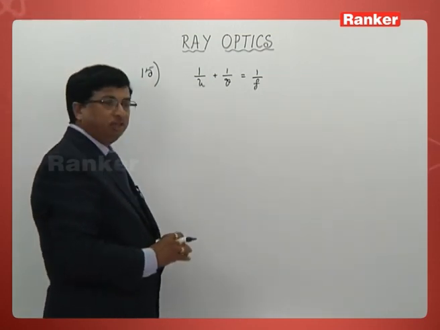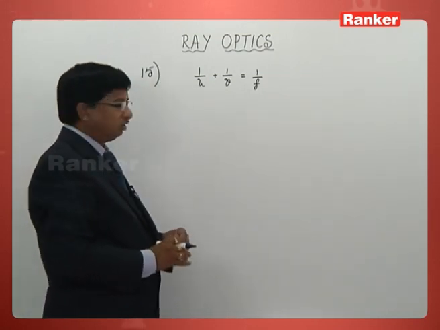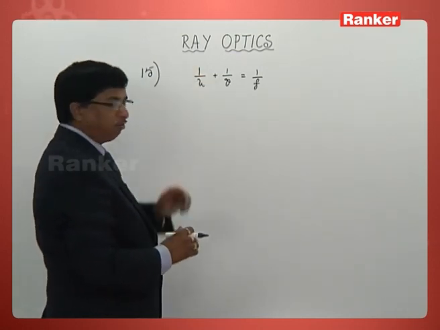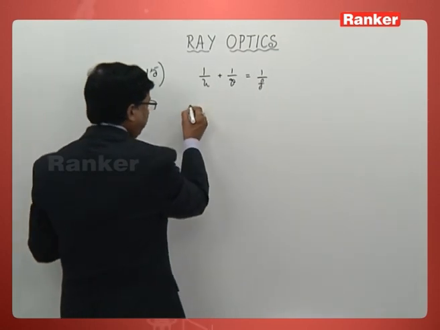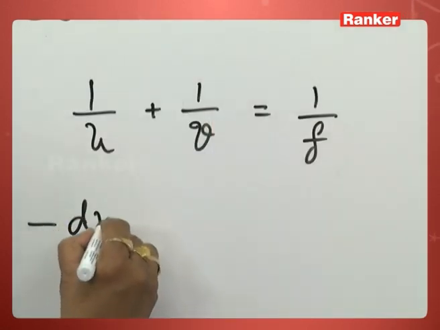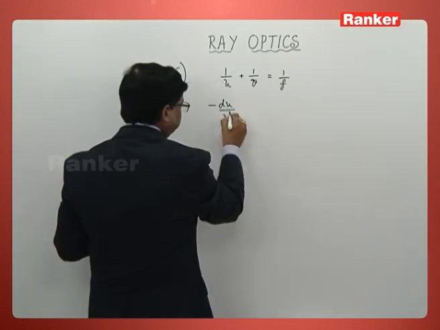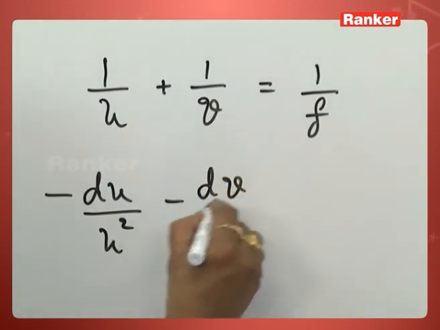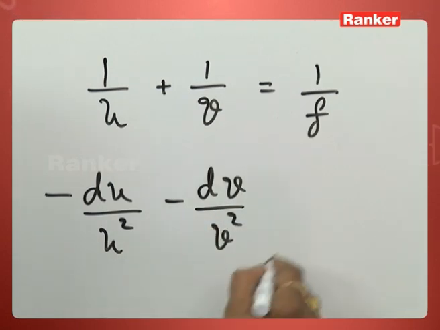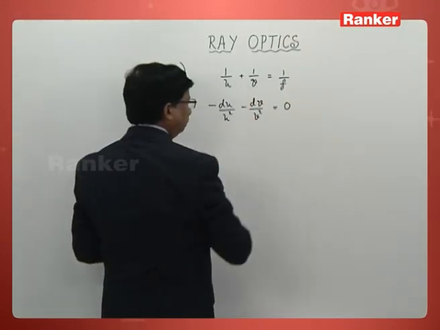What we have to do in this case is, first let us differentiate this equation. What will you get when you differentiate? Minus du by u square minus dv by v square is equal to 0.